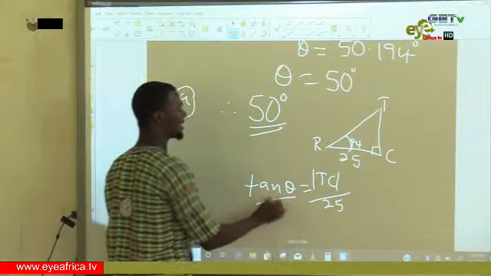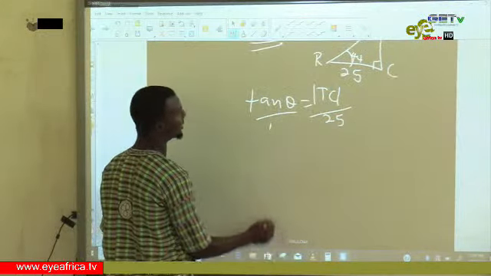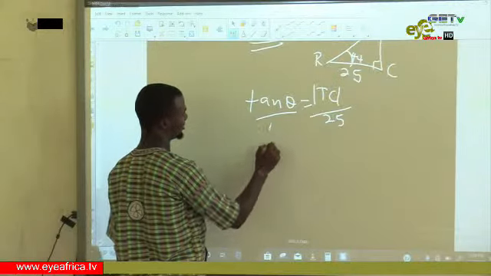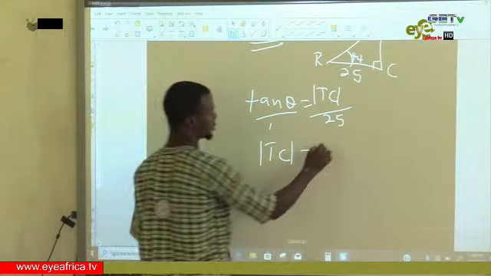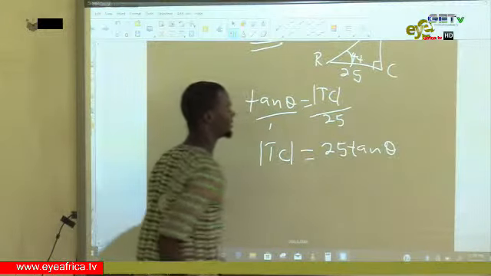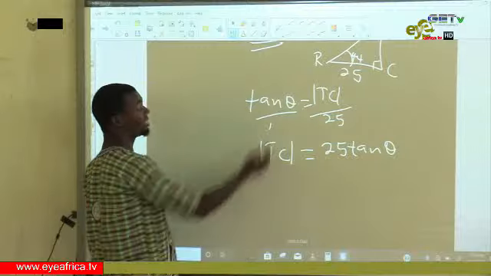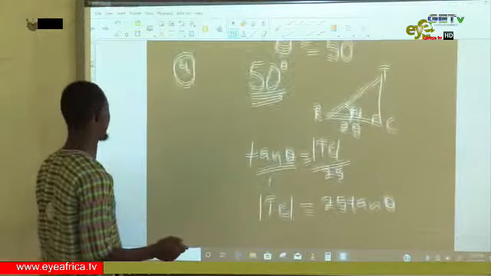So we find the side TC by cross multiplying. If we cross multiply, the side TC is equal to 25 tan theta. And the theta, if you go to the right angle triangle, our theta is 44.